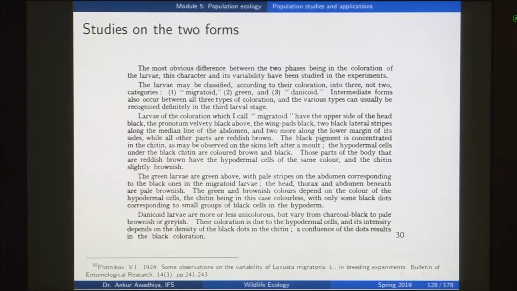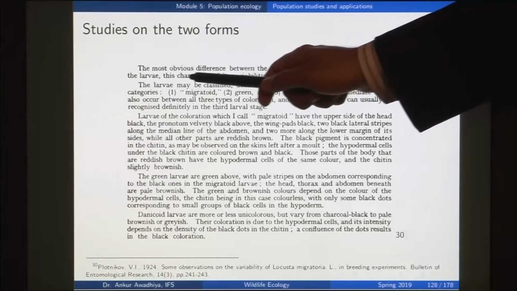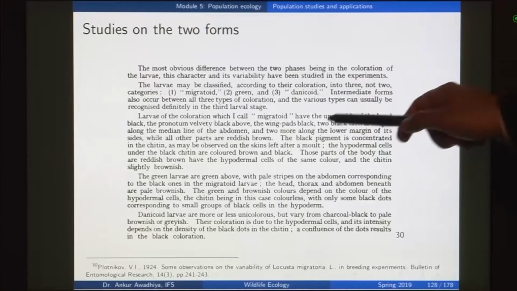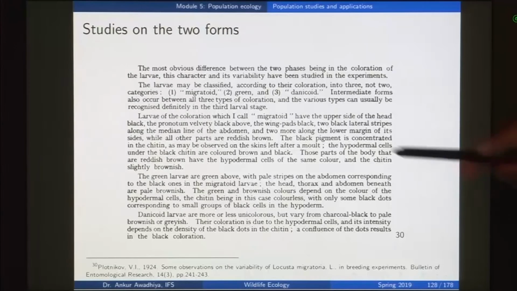First is the migratoid category, the second is green, and third is danicoid. So, migratoid is something that is related to the migratory form, danicoid is something that is related to the danic form, and there is this third variety which is green. Intermediate forms also occur between all three types of coloration, and the various types can usually be recognized definitely in the third larval stage.